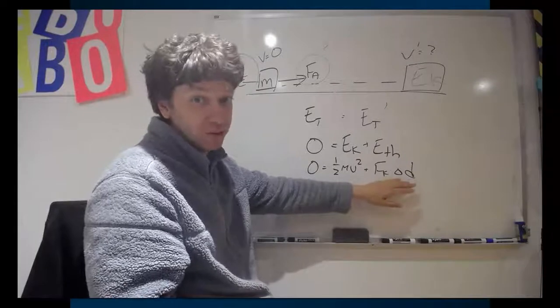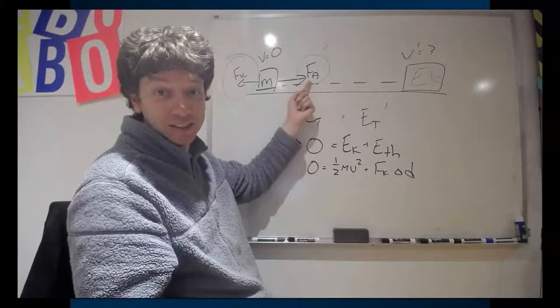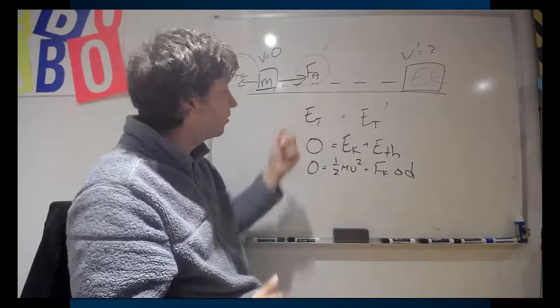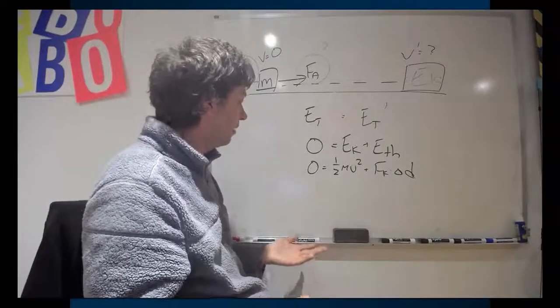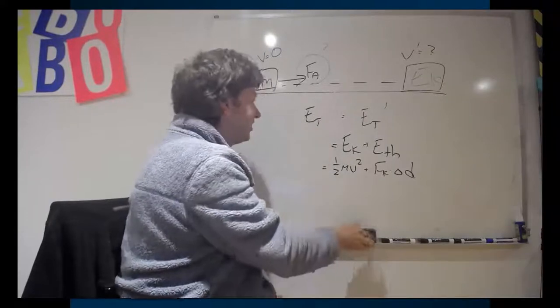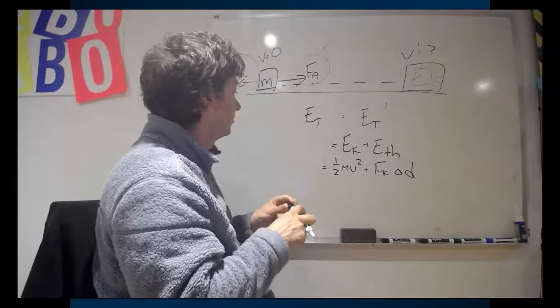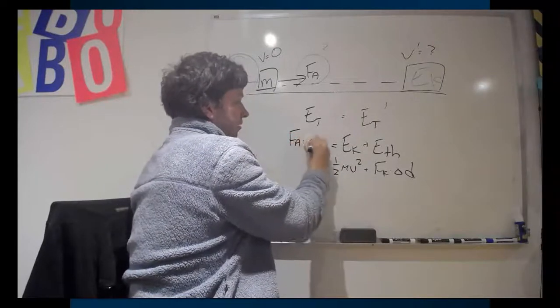But what we have ignored is the work the clerk does. Okay, so the clerk is adding work into this system. So what we have to do is not write it as 0, but write it as the work done by the clerk, FA times d.